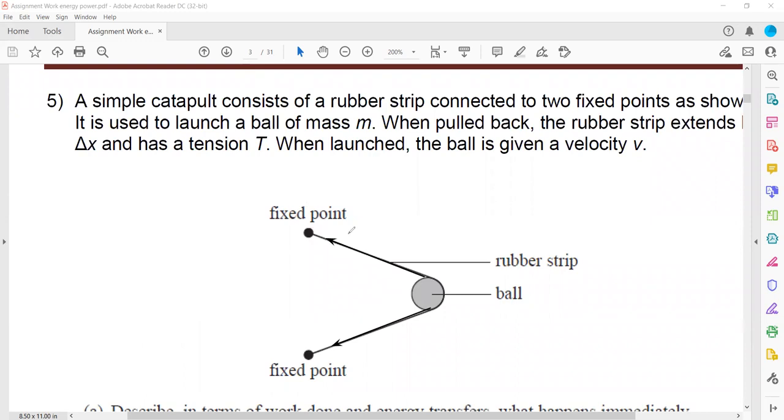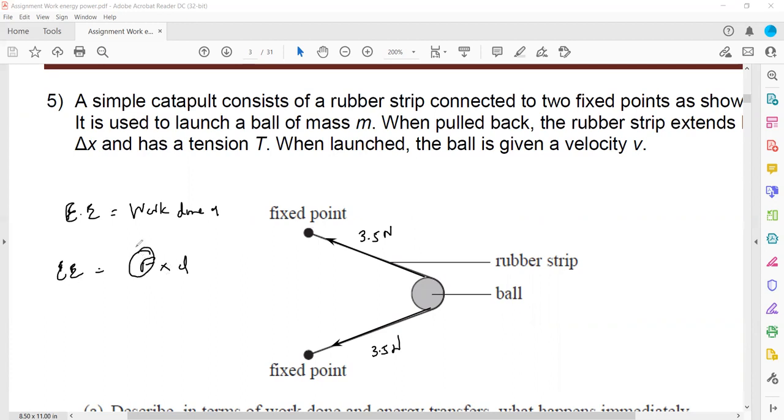So this is 3.5 Newton and this is also 3.5 Newton. And the elastic strain energy is equal to the work done on the strip, and in this case elastic energy is equal to force into distance.